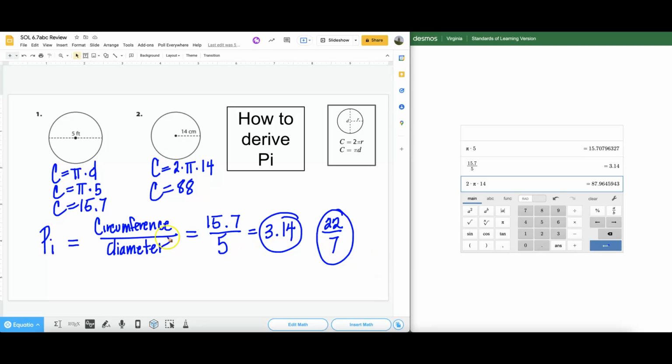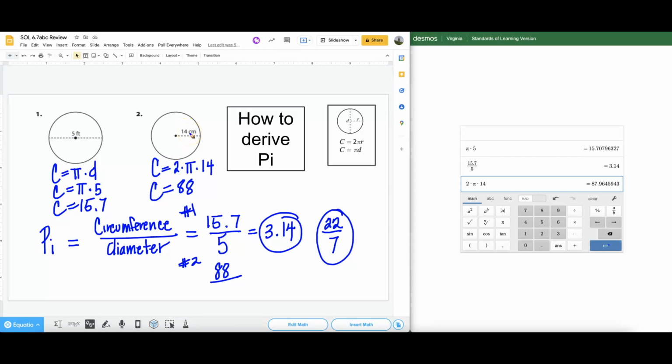So I'm going to take, just like we did here, and I'm going to divide it by the diameter. This is for number 2. This was number 1. So I have 88, which is my circumference. My radius is 14, so do not put 14 here. In order to get the diameter, we take 14 and we multiply it by 2.